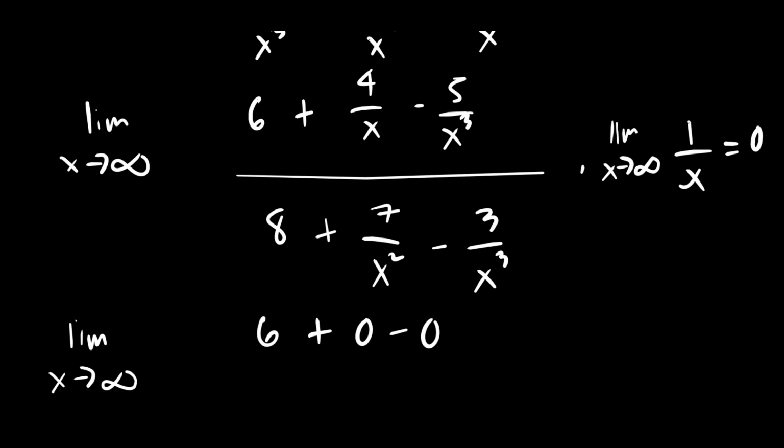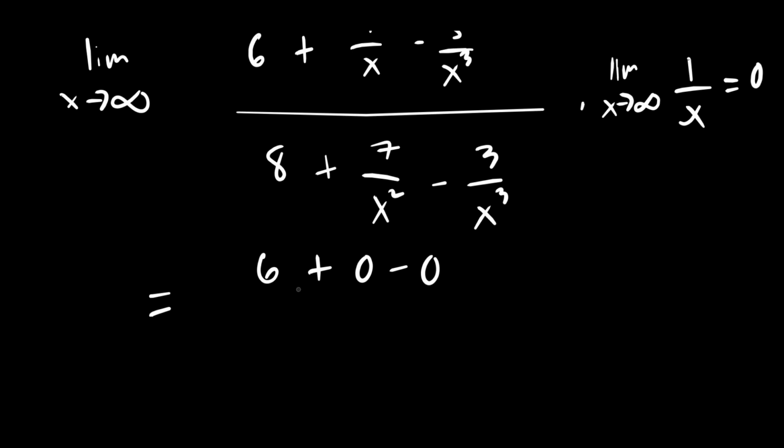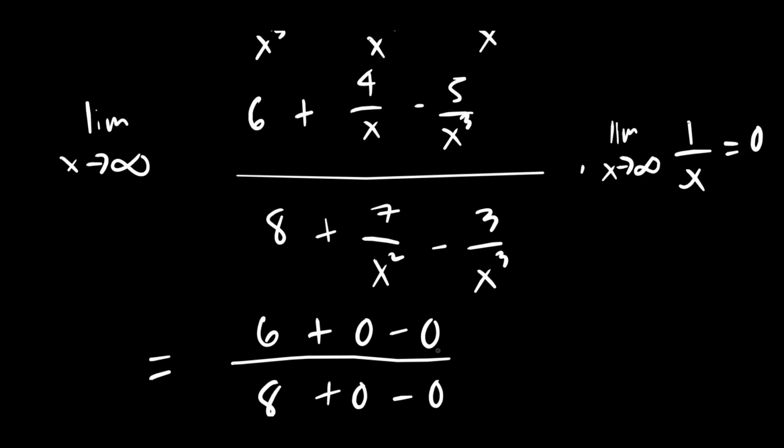It's okay to not write the limit anymore, right? So for the denominator, we have 8 plus 0 minus 0. So why is it 0? Because it has x in the denominator in this term, in this term, in this term, and this term.